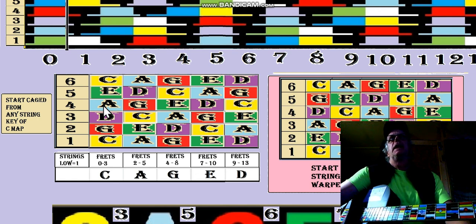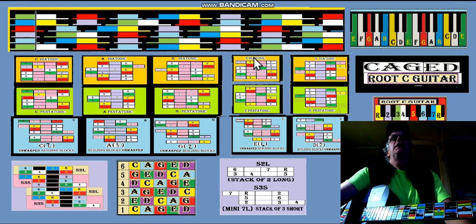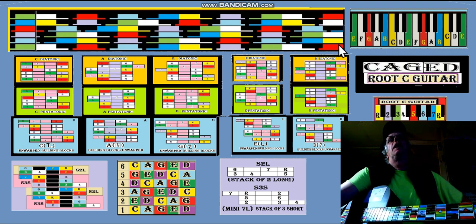Okay, and then there's overlap over here, so going horizontally you get C, A, G, E, D. From previous charts we know that C, A, G, E, D comes from this being split up.